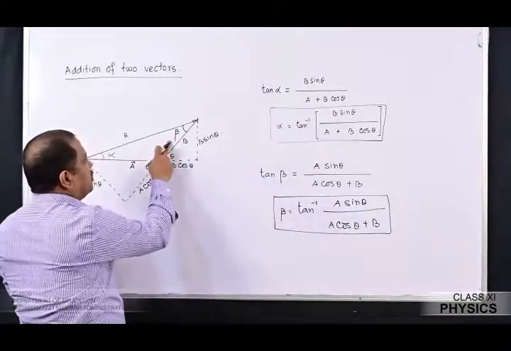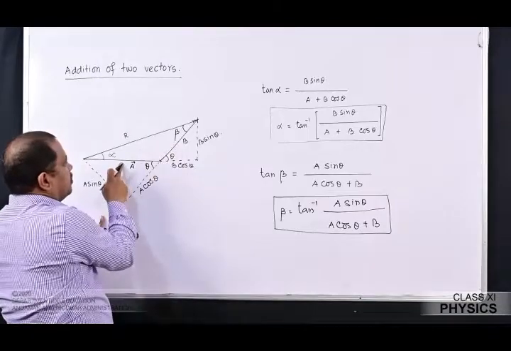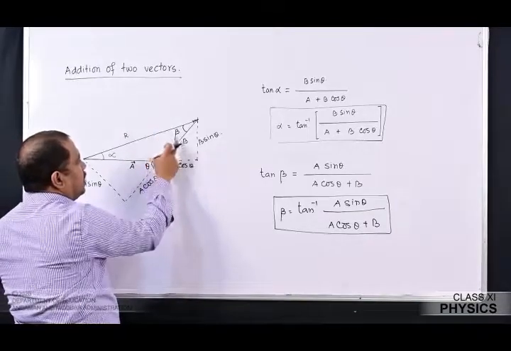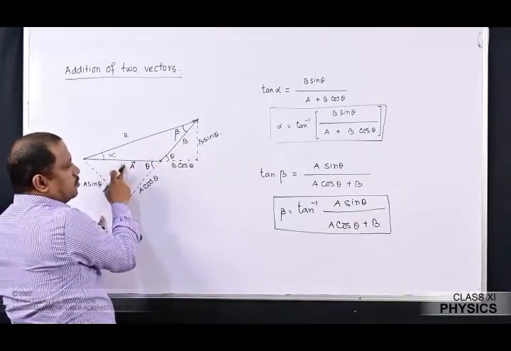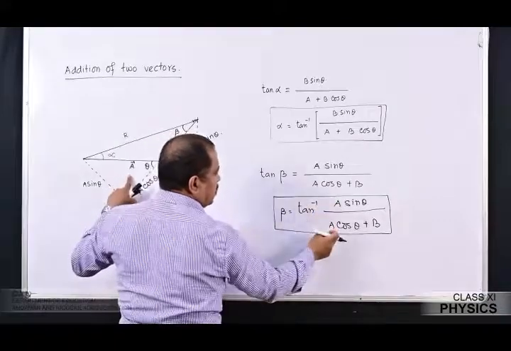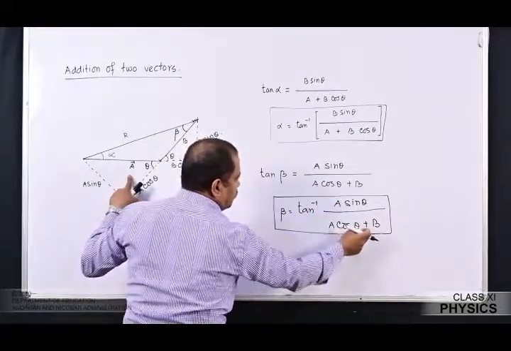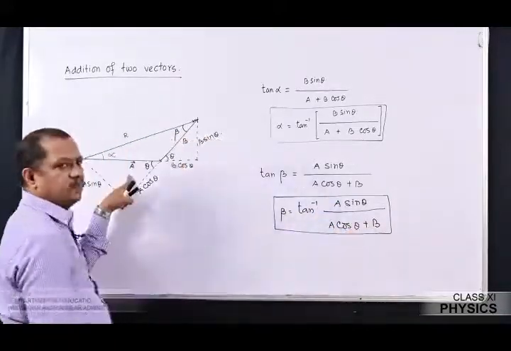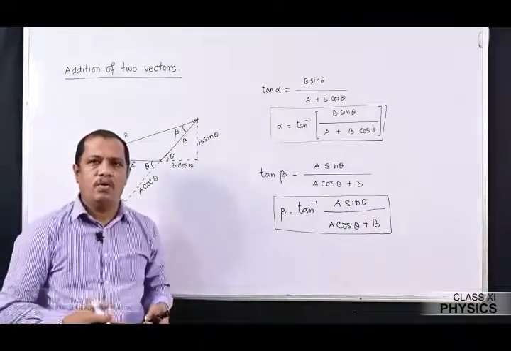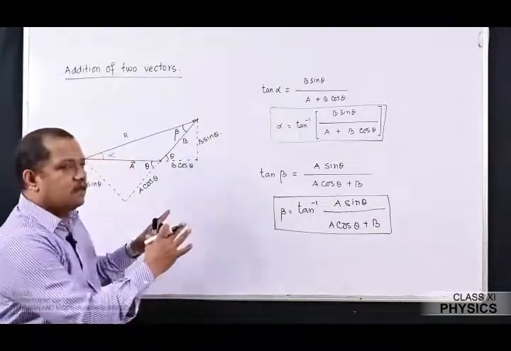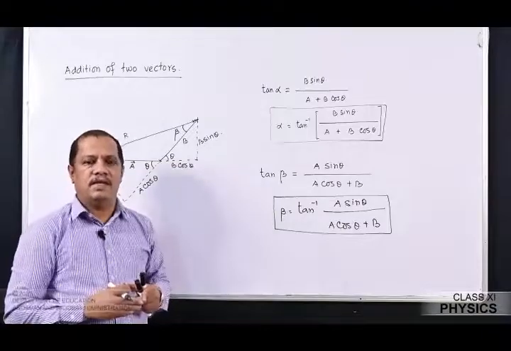In terms of beta, this vector is free because the angle is made between R and B. So this is the sine component of this one over the cosine component of A plus B. This is how we calculate the direction of the resultant vector.